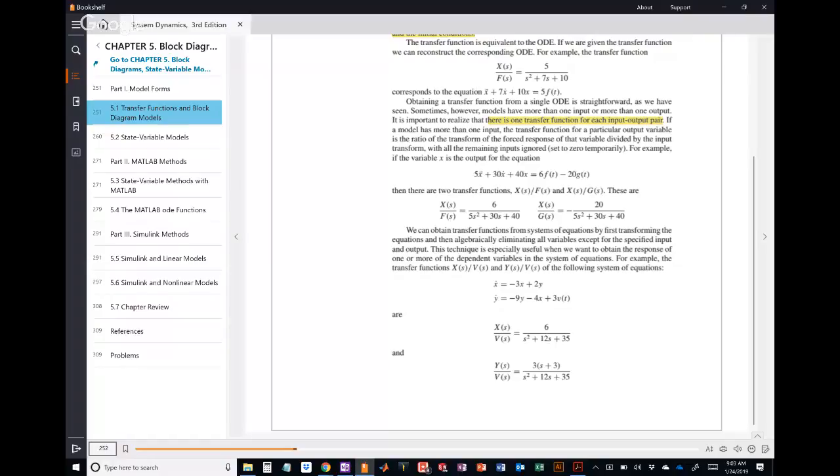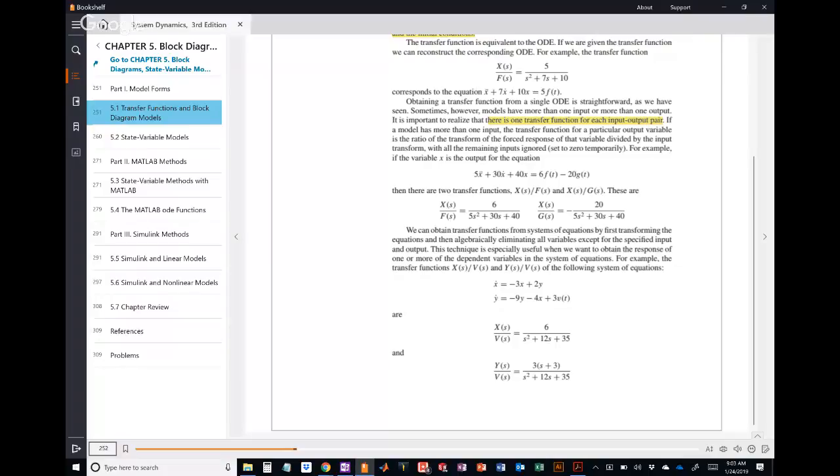And so in chapter 5, and you'll see a little bit of this in the homework, you go back and forth between the state equations, the state variable forms, transfer functions, and block diagrams. Those are three different ways to represent the same thing.